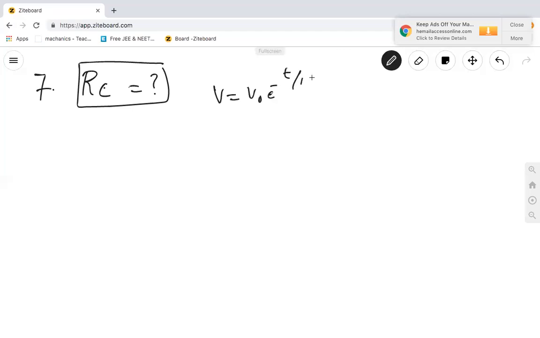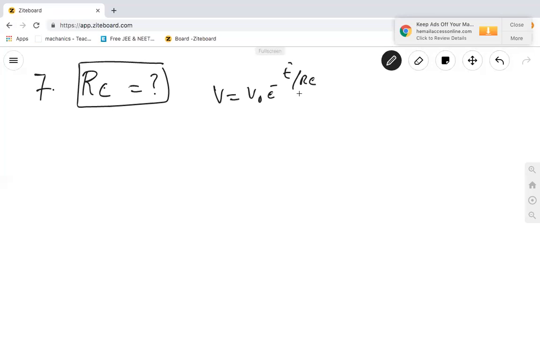The sixth question is RC, resistance into capacitance. What is its dimension? Most of the students may remember that when you are doing electrostatics, RC is defined as a time constant. There you have V equal to voltage e raised to power minus T by RC.